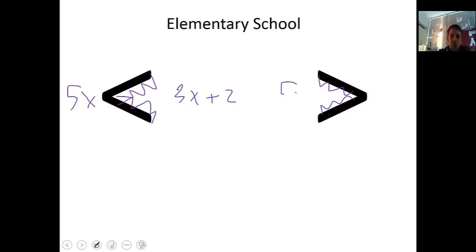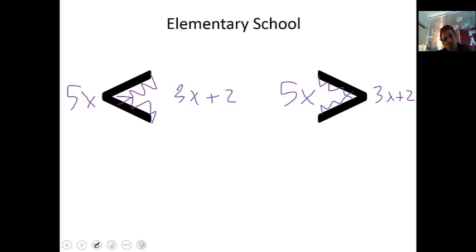Likewise, I can put 5x right here and 3x plus 2 here, and it would change the whole story. See, now 5x is greater than 3x plus 2, and 3x plus 2 is smaller than 5x. So notice, it really depends on which way the alligator is chomping.